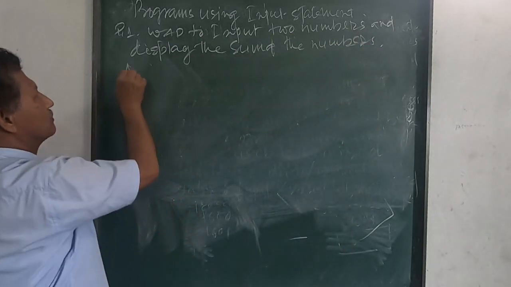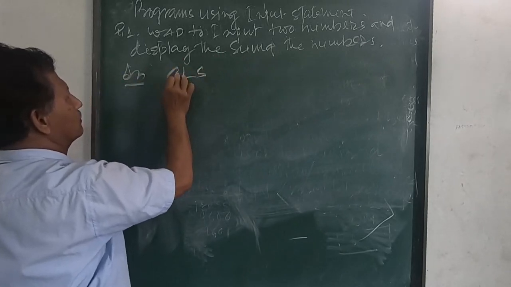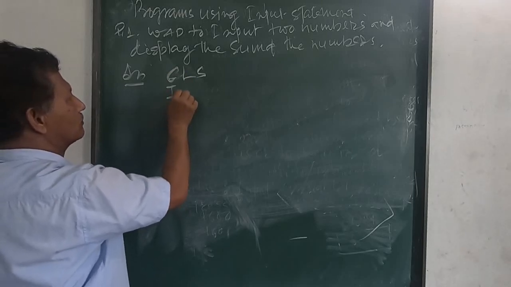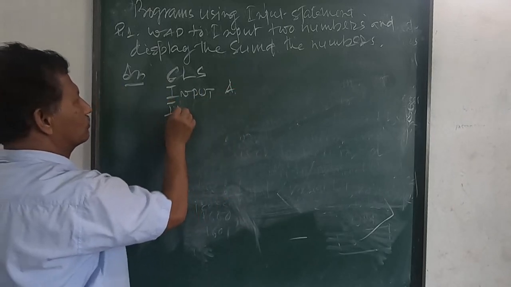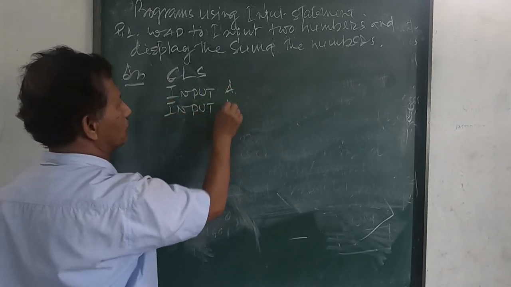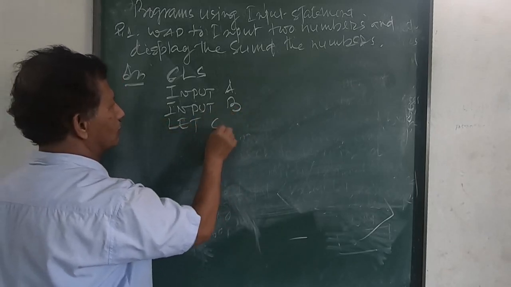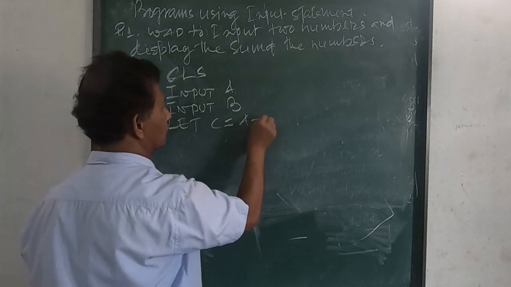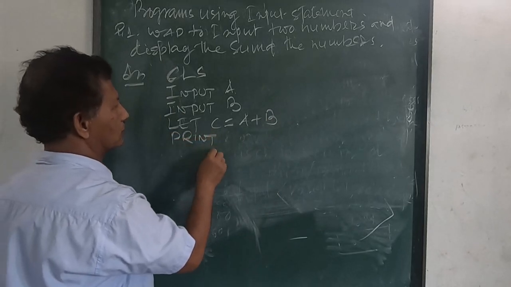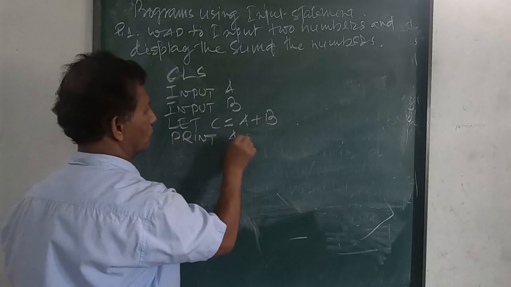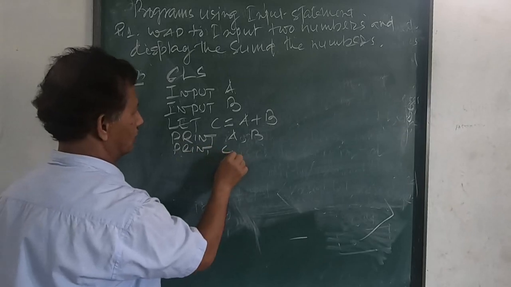CLS, input A, input B, let C equal to A plus B, print A, B, print C, end.